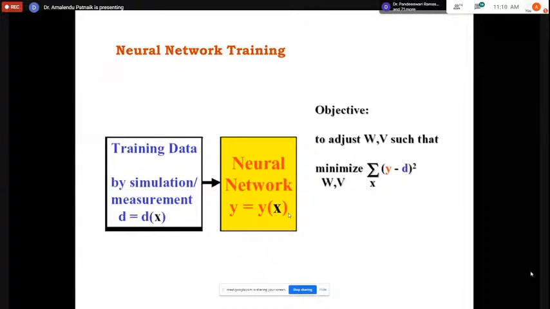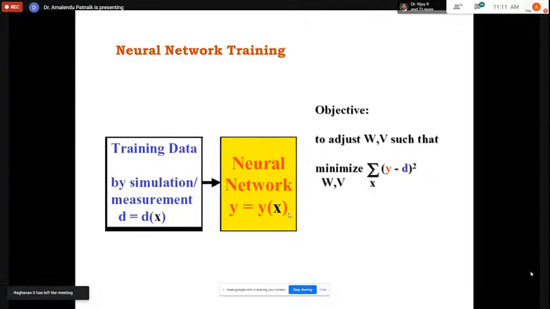So even if you are using the toolboxes of MATLAB or other mathematical simulators, once you find that you have a better trained network, you store these W and V values.